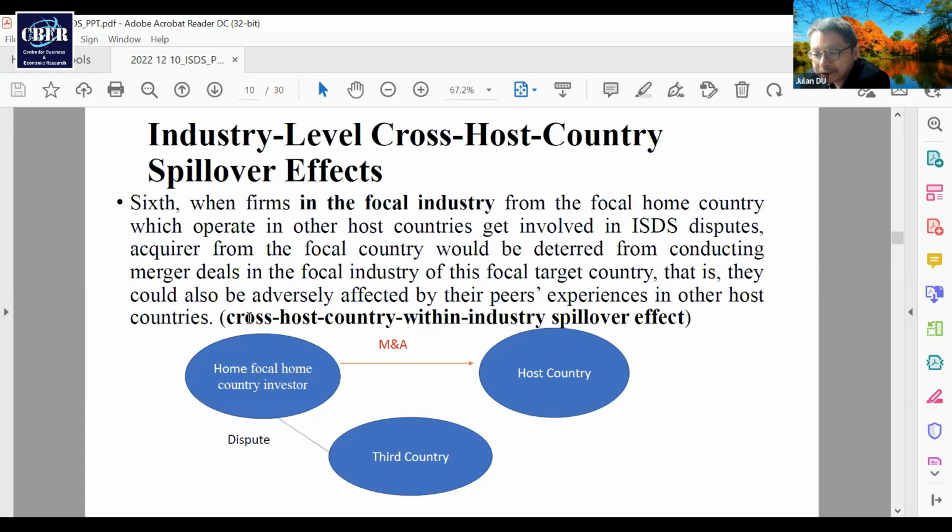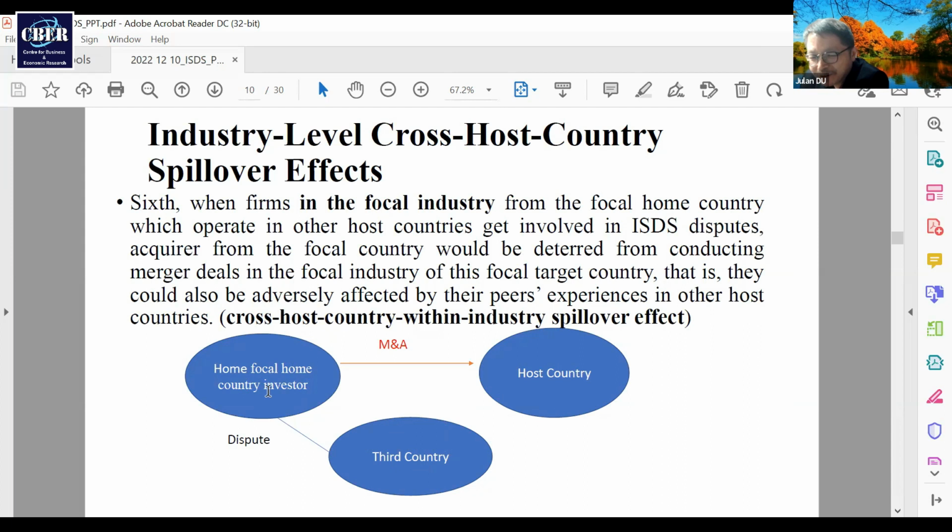And the cross-host country within-industry spillover effects, right? So if focal home country investors have disputes with a third country as a host state, then they are likely to be discouraged from making investment in the focal host country. Or alternatively, there could be something like a flight to safe haven effect.